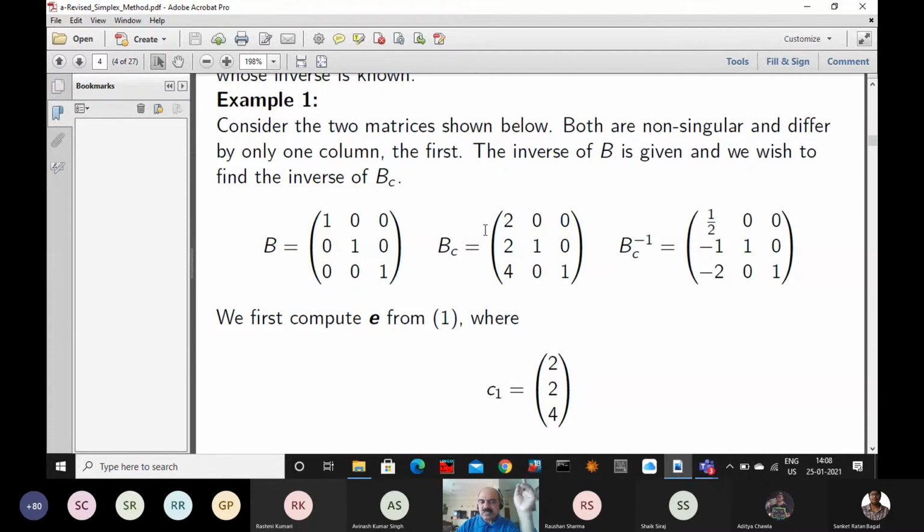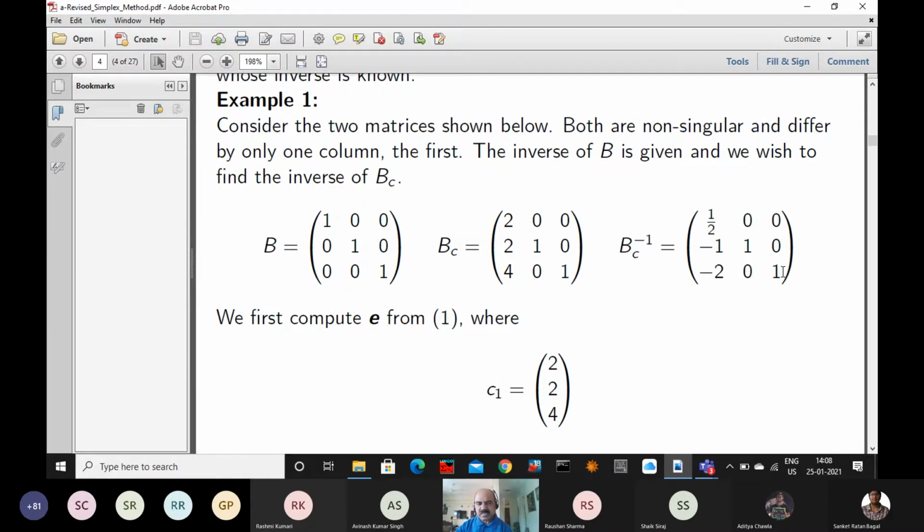If you replace this column, what will happen to the inverse? B and B inverse are the same because it is an identity matrix. And if you change only one column, what will happen to the inverse? If you compute BC inverse, it will be equal to: first column half, minus 1, minus 2, then middle column 0 1 0, last column 0 0 1.